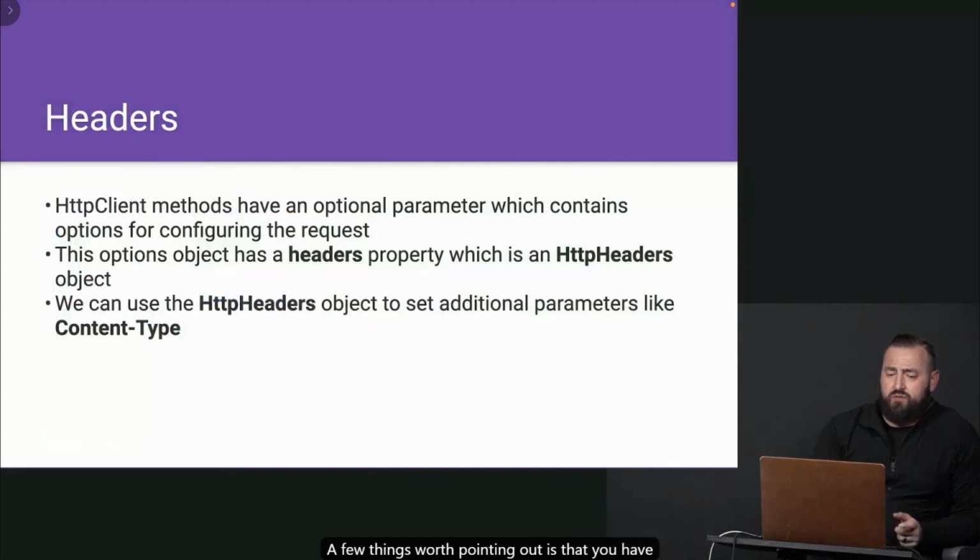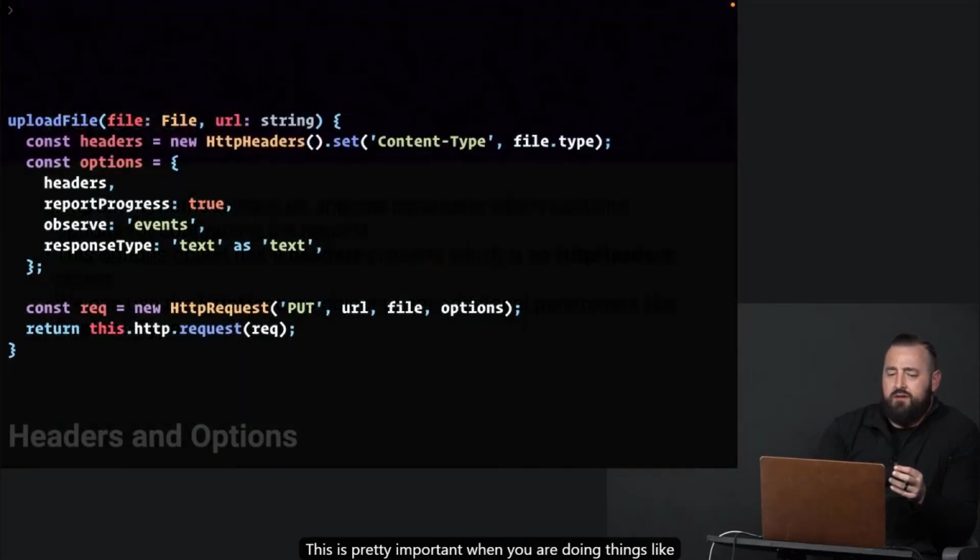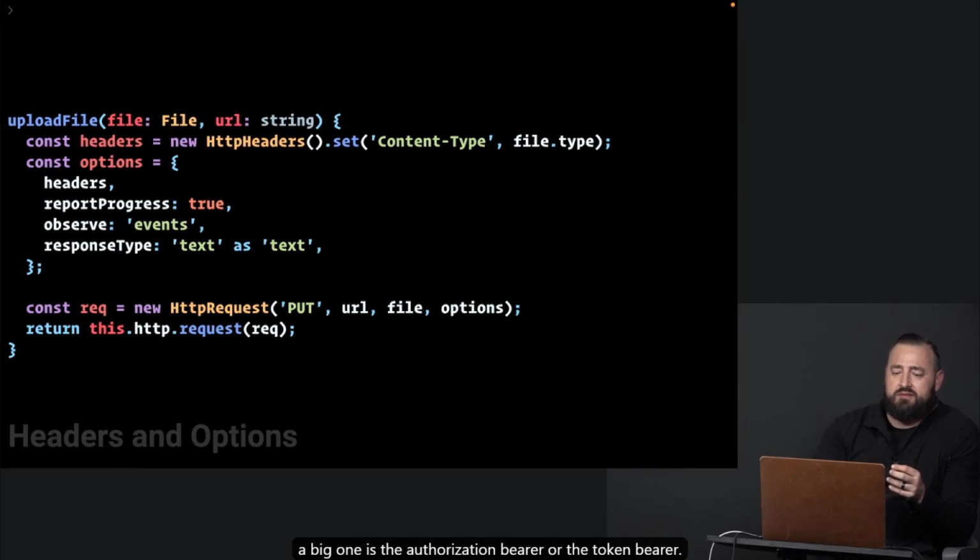A few things worth pointing out is that you have the ability to modify the headers of your request. This is pretty important when you are doing things like, a big one is the authorization bearer or the token bearer.